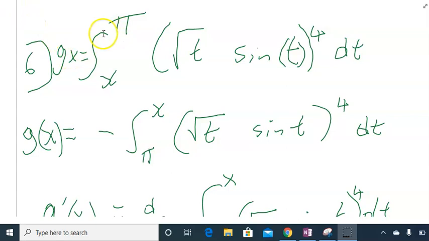The g of x is equal to the integral from x to pi of square root of t sine of t, all raised to the 4th, dt.